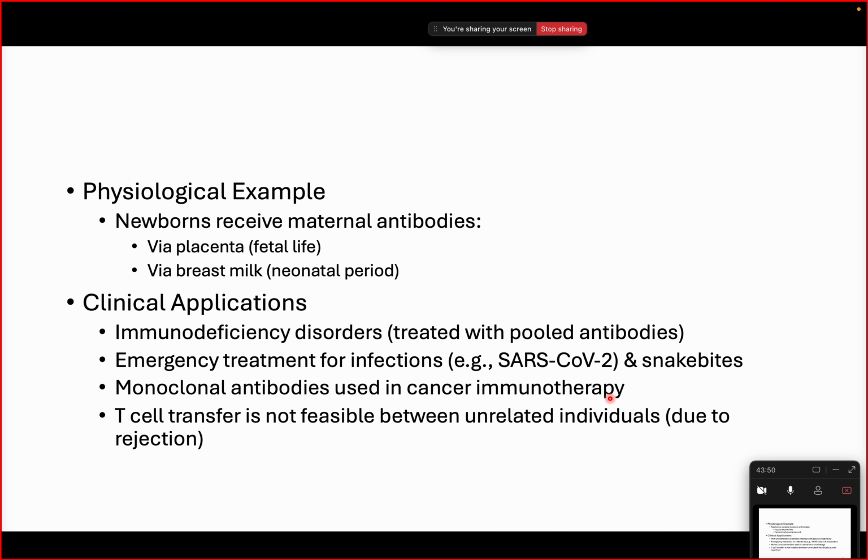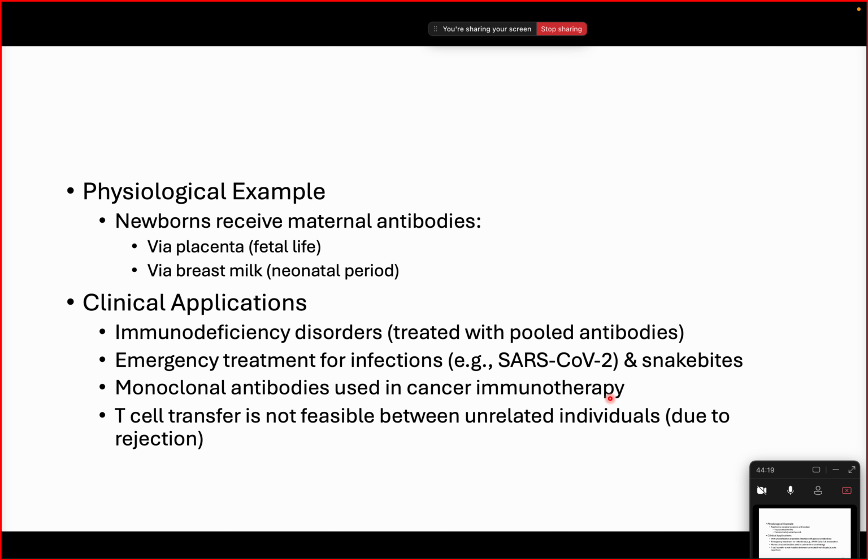Other uses include emergency treatment for infections such as SARS-CoV-2 and snake bites, and monoclonal antibodies used in cancer immunotherapy. T cell transfer is not feasible between unrelated individuals due to rejection. This is the case with transplantation, which has issues in letting another individual's antibody go into a different person.